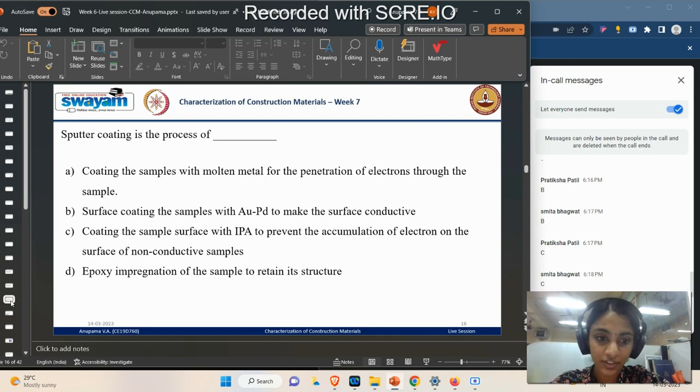So, what is basically sputter coating? This is one of the processes which happens in the case of scanning electron microscopy.